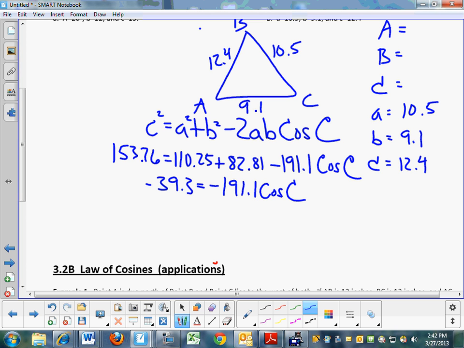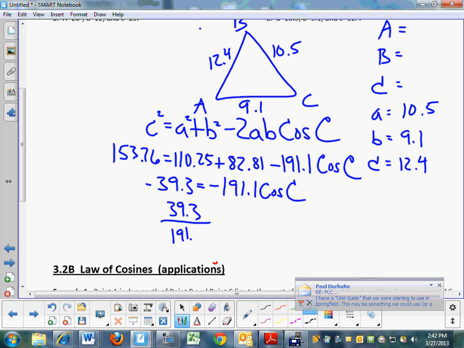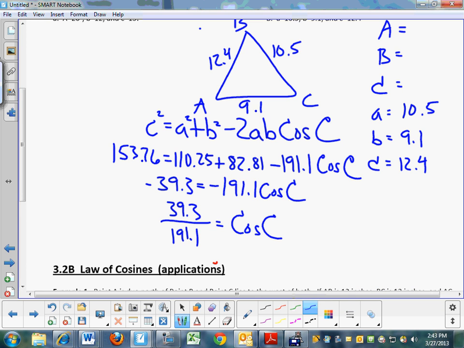Divide both sides by? Yeah, so you get 39.3 divided by 191.1 equals cosine of C. Very good. Now, watch. Is this positive or negative? Positive. Is cosine positive or negative in the first quadrant?